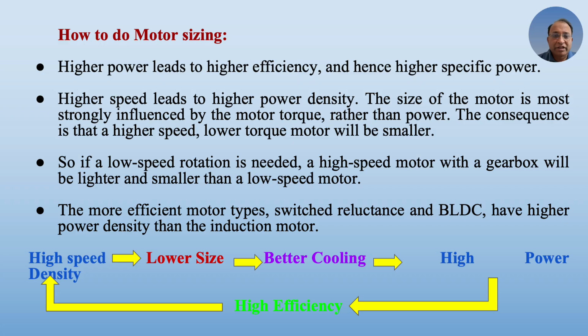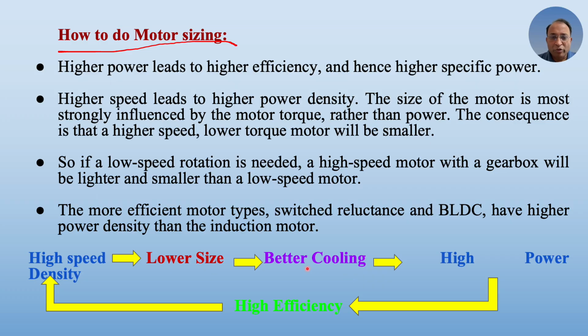So let us check what are the final thoughts as far as the motor sizing is concerned. This can be completely explained in the form of a flow. Down here at the bottom you can observe that we are about to choose a motor.